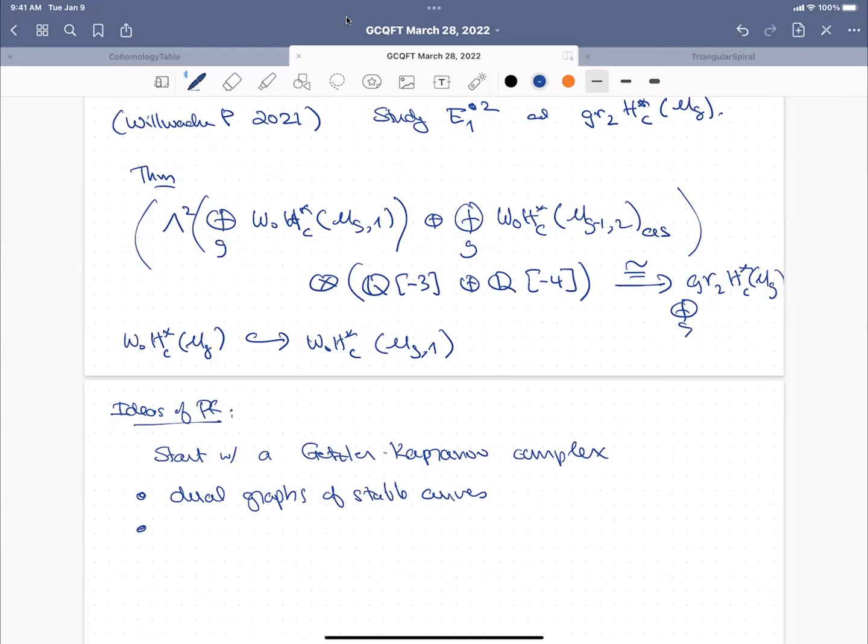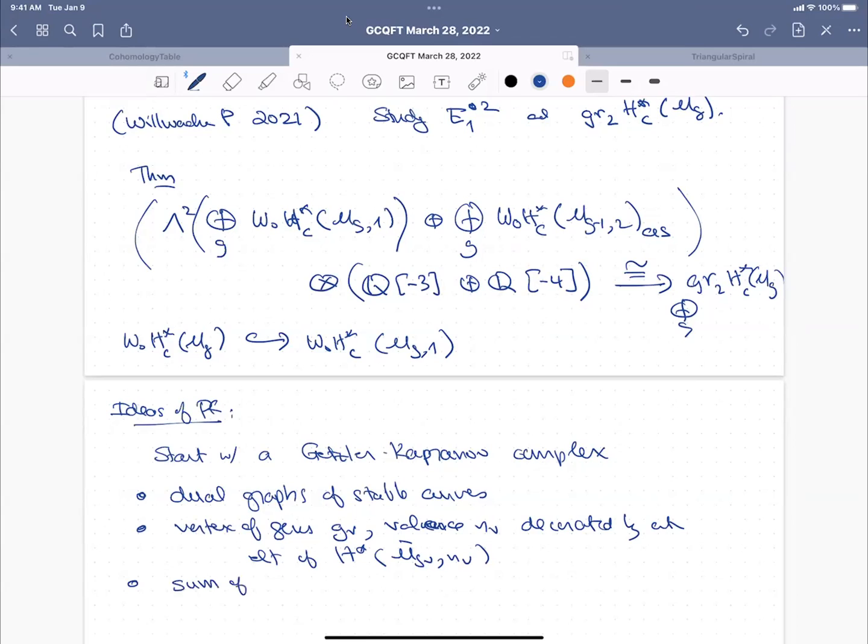And so each vertex of genus GV and valence NV is decorated by an element of the cohomology of the corresponding moduli space, MGV,NV bar. So moduli spaces of stable curves. And the sum of these cohomological degrees determines what row of the spectral sequence we're in.